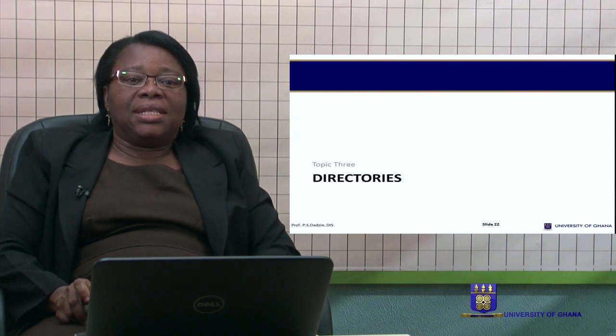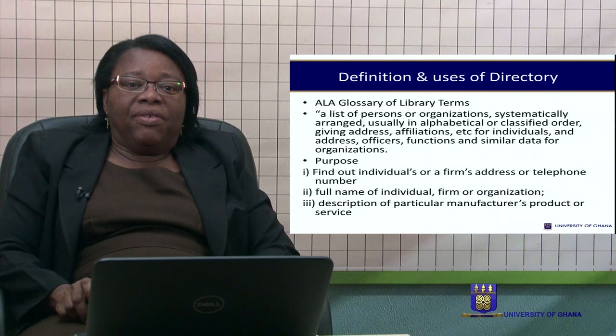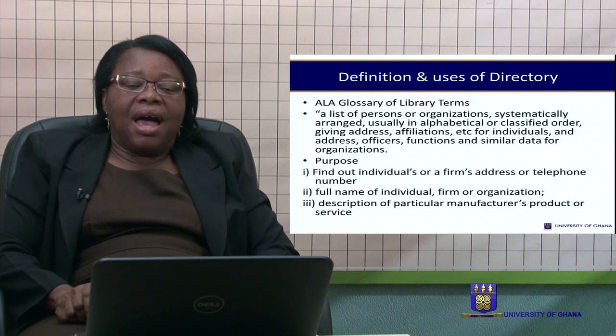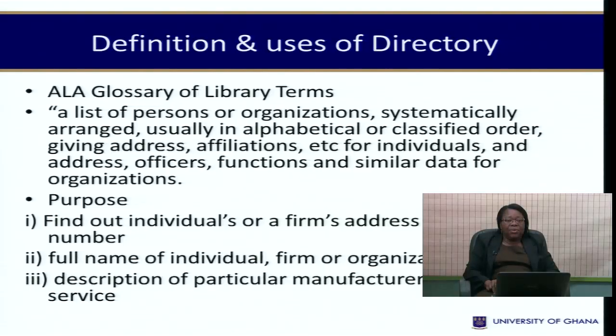Now, let's look at directories. Directories are referred to as a list of persons or organizations systematically arranged, usually in alphabetical or classified order, giving address and affiliations for the individuals, for the officers, and for organizations.